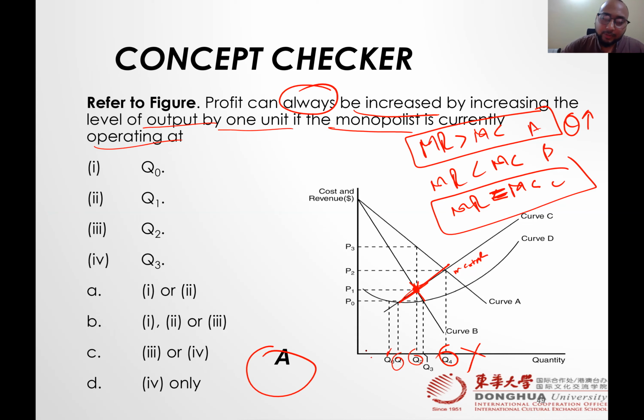If you are at Q0, you produce Q1, your profit will increase. If you are at Q2, Q1 to Q2, your profit will be maximum. At Q2, profit is already maximum. If you increase the production by Q3, your profit will decrease. Well done, guys.